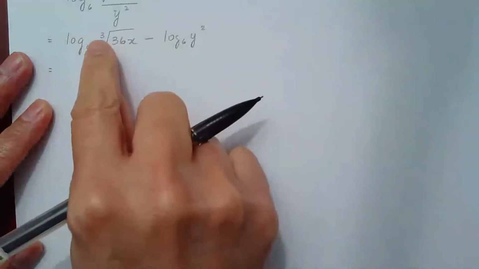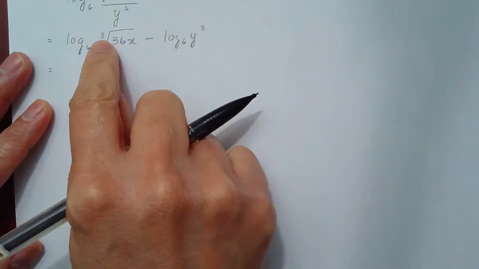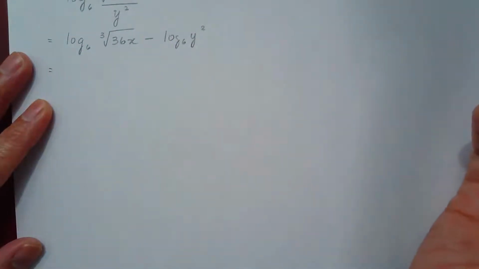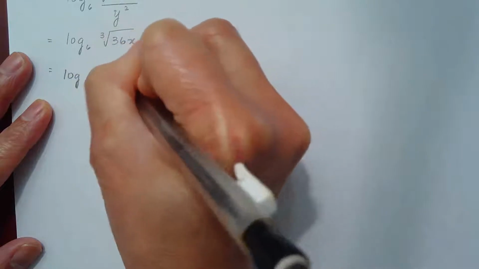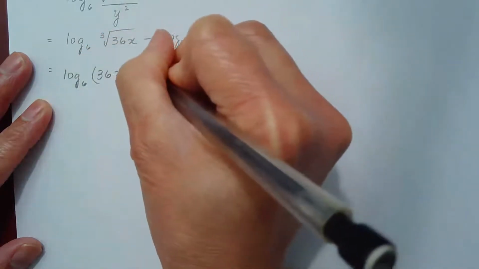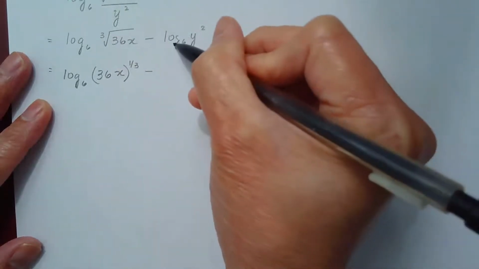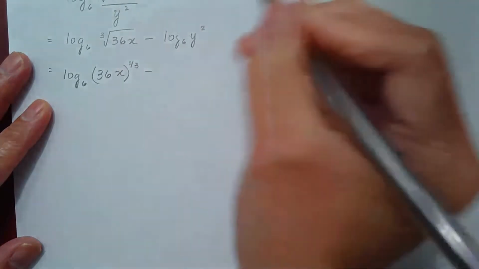And then I can see that this is a cube root, so I can write that as a rational exponent: log of 36x to the power of 1/3, base 6, minus log of y squared, base 6.